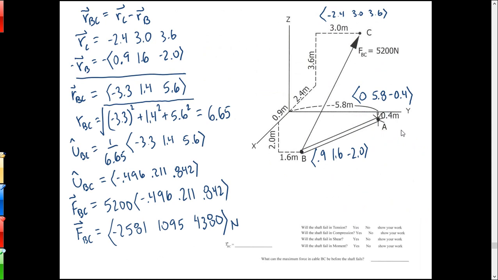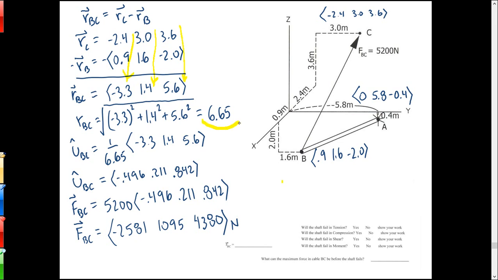So there we go, we get RBC. Remember, to get RBC, we take RC minus RB. So RC is negative 2.4, 3, 3.6, minus RB, so minus 0.9, 1.6, and negative 2. Then you just subtract off the like components, and you'll get the position vector from B to C: negative 3.3, 1.4, and 5.6.